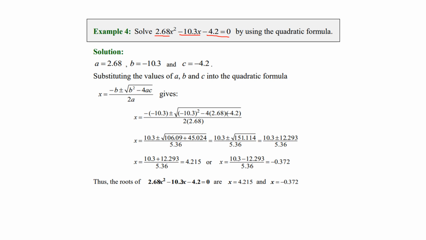So what is a? A is 2.68. B is negative 10.3, C is minus 4.2, and replace them in the formula. So minus of minus will become plus 10.3 plus or minus square root of b squared. So b is minus 10.3 squared, minus 4 times a, which is 2.68, times c, which is minus 4.2.